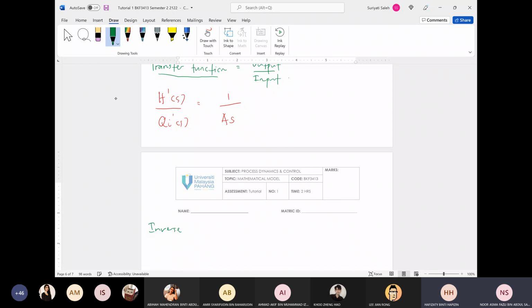Inverse Laplace means we convert Laplace into the time domain. So here we have the Laplace form, which is what you can see. You have the H prime S. So S is the Laplace form.